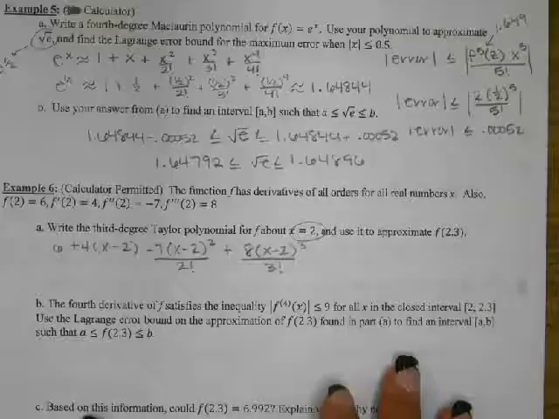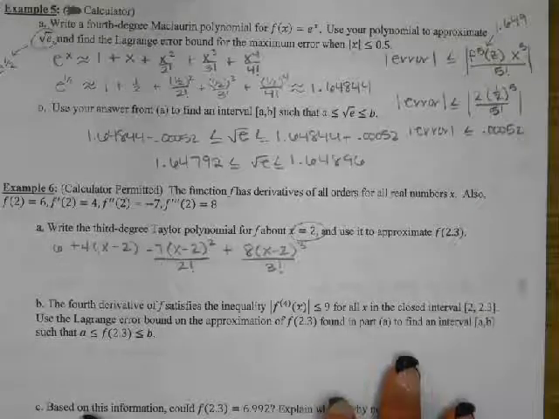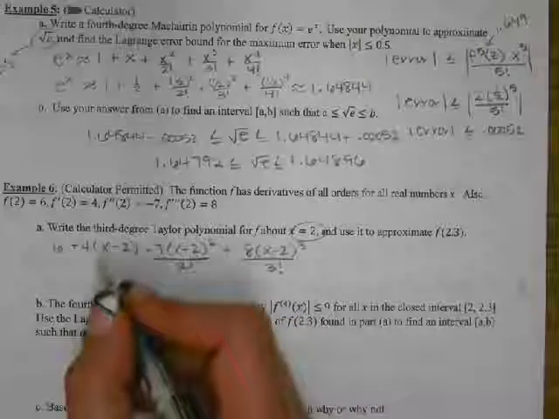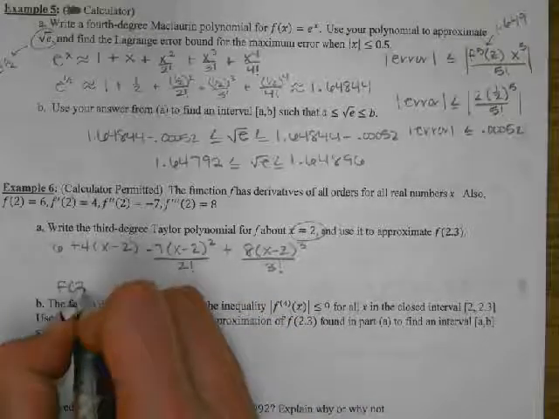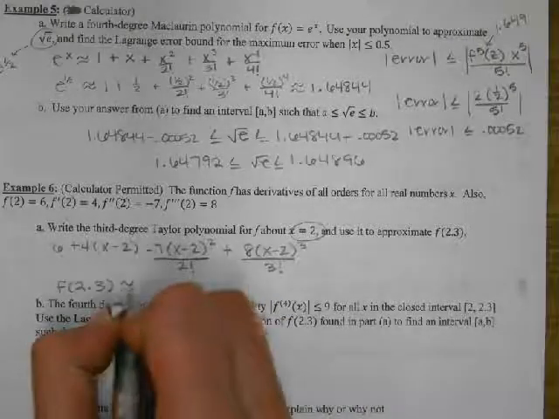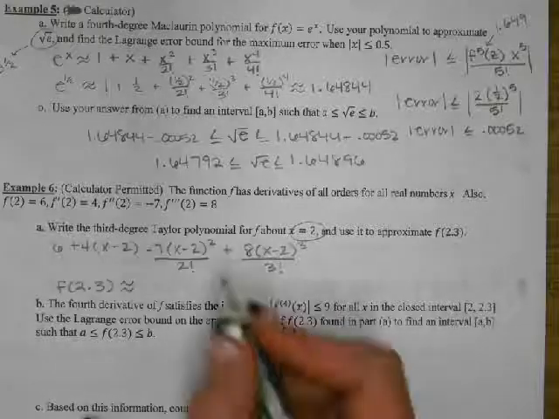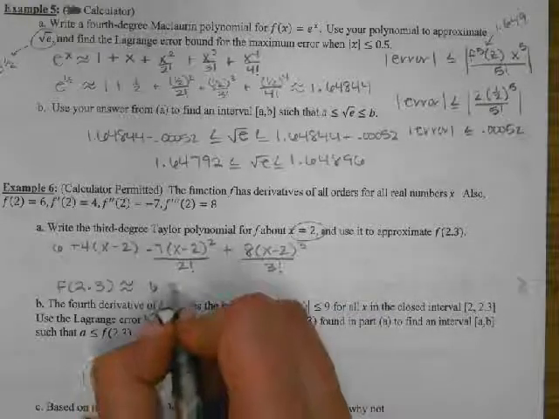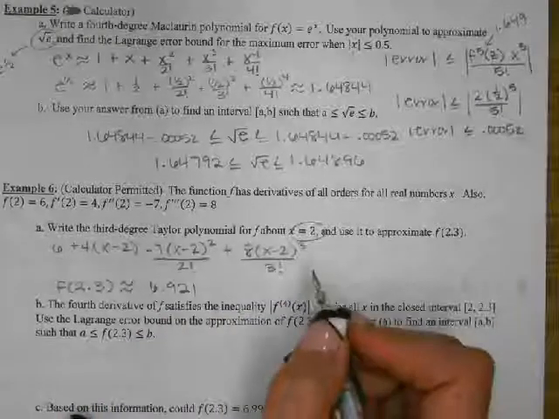And we're using that to approximate the function evaluated at 2.3. So if you plug 2.3 in, you get 6.921. That's not a rounded number, that's actually what it gives you.